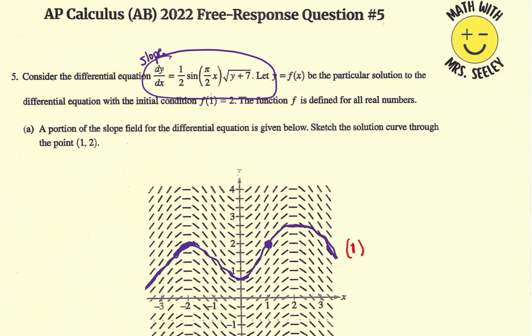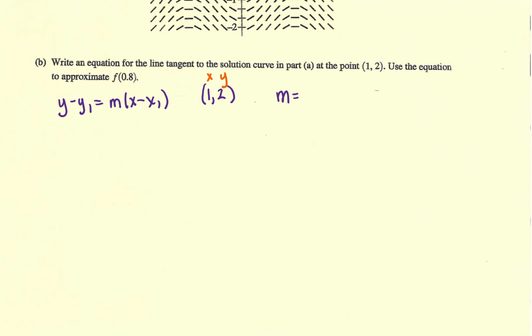We're going to plug our x and y values in. So that's going to be 1/2 times the sine of pi over 2 times our x value, which is 1, times the square root of y, which we're going to put a 2 in for, plus 7.